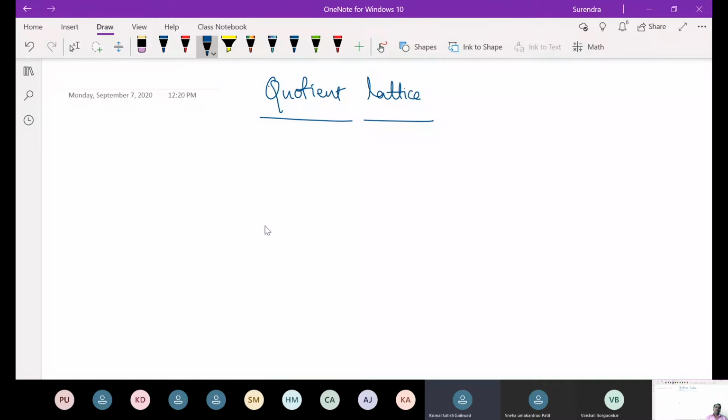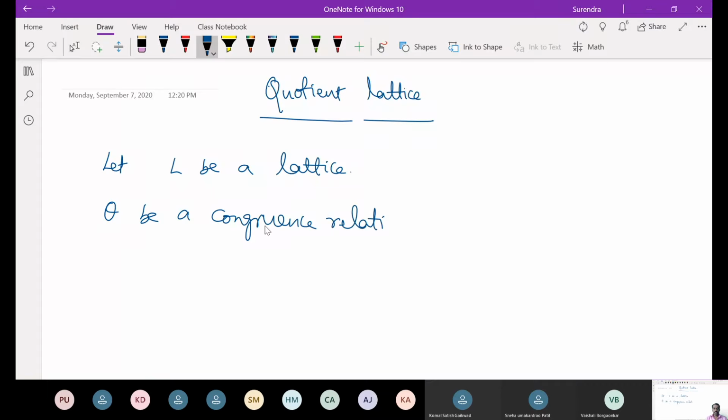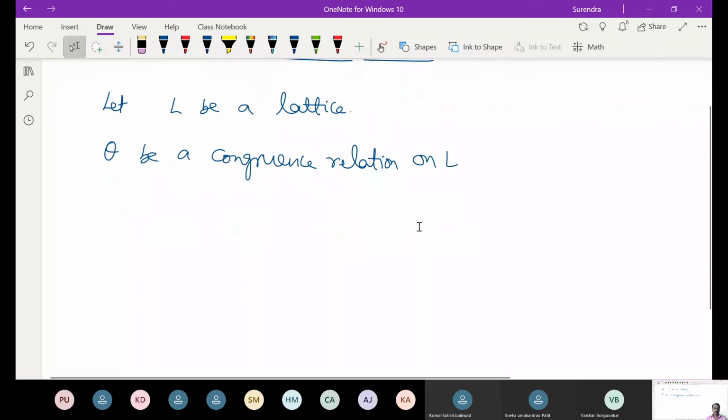So what is this quotient lattice? You might have seen quotient group and all, similar to this. So let L be a lattice and theta be a congruence relation on L. We already saw what is meant by congruence relation.